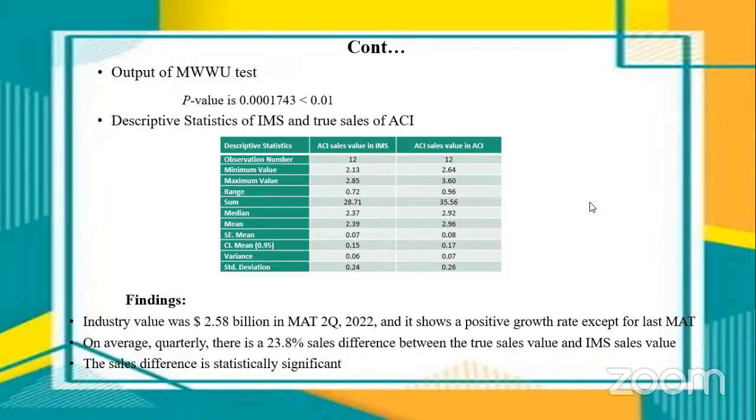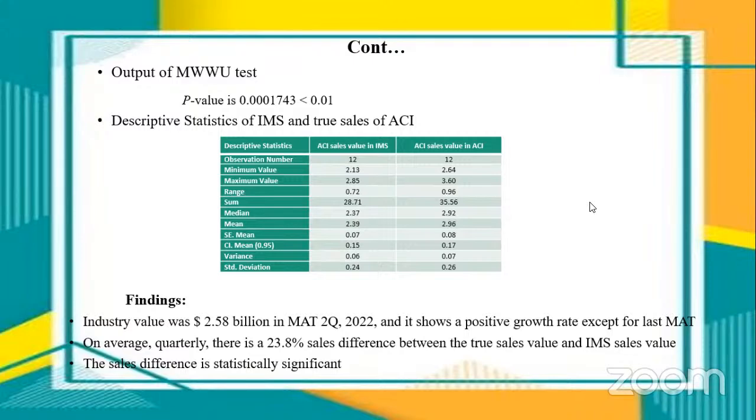So according to the IMS, the industry volume is $2.5 billion, but according to this study, the actual market is approximately 25% greater than the IMS value, and from this study, the international community may enter the pharma industry for their business expansion.